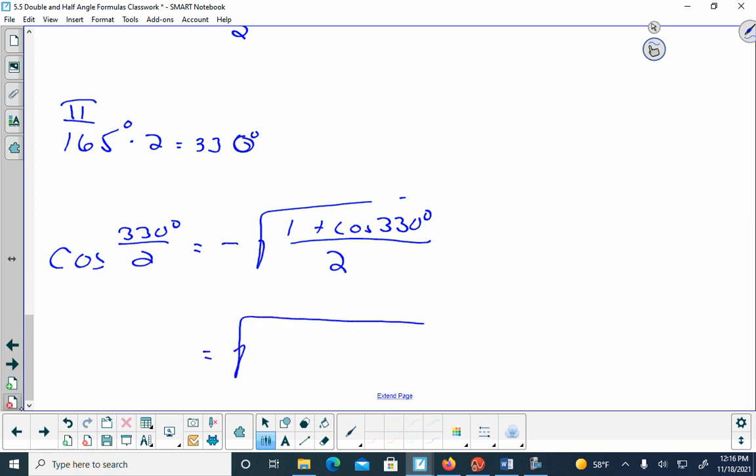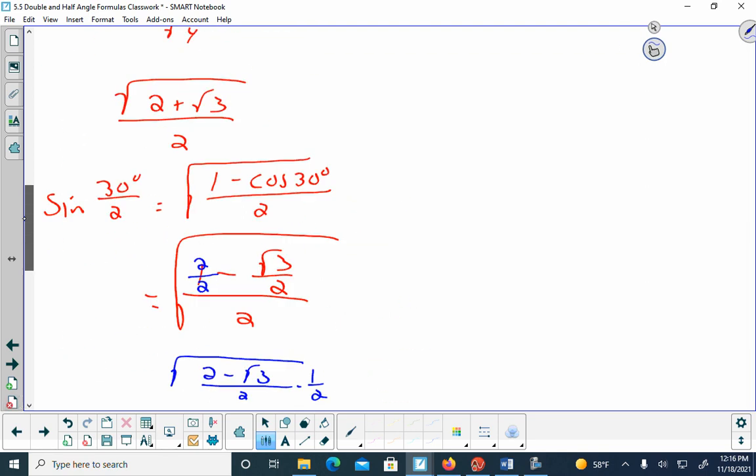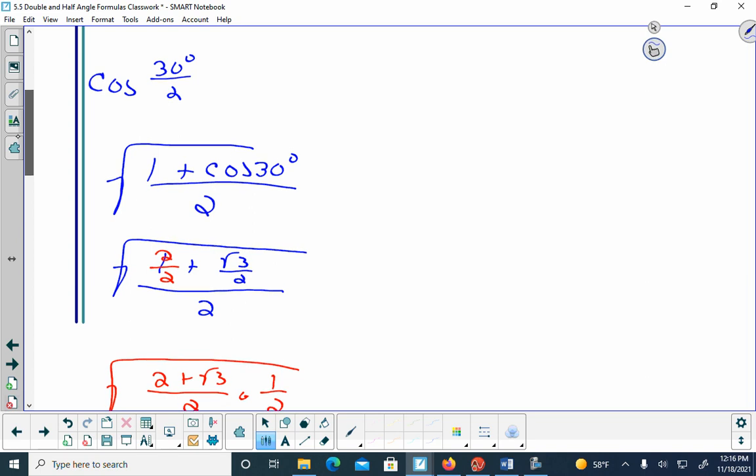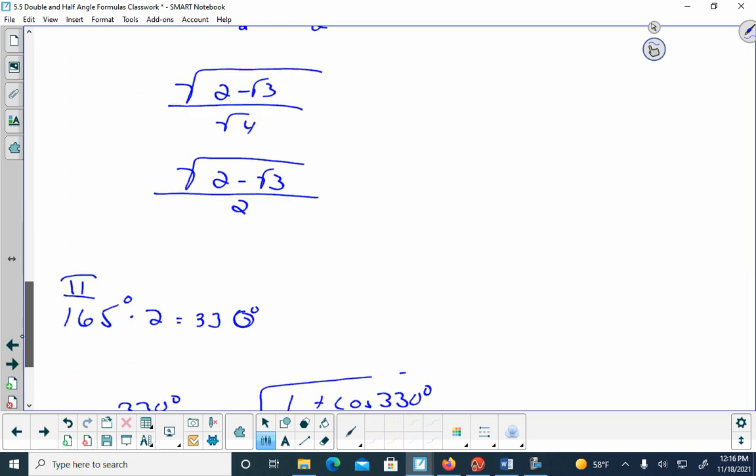Cosine of 330 degrees is positive square root of 3 over 2, over 2. So that's going to be the same work that's up here as 30 degrees, yes. The only difference is this one's going to be negative.